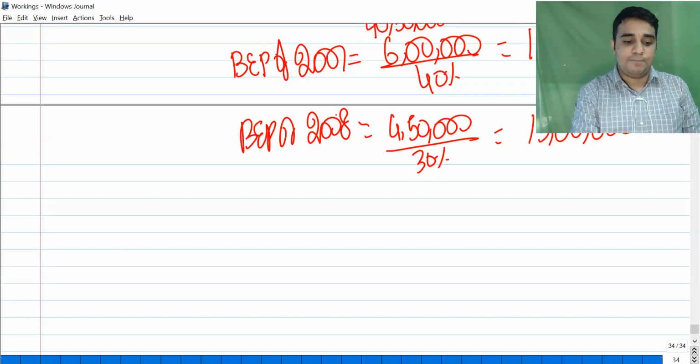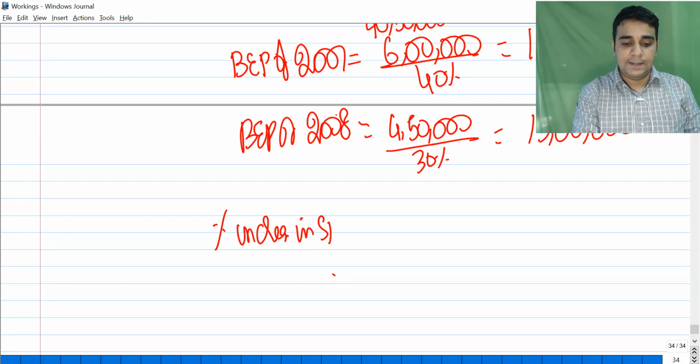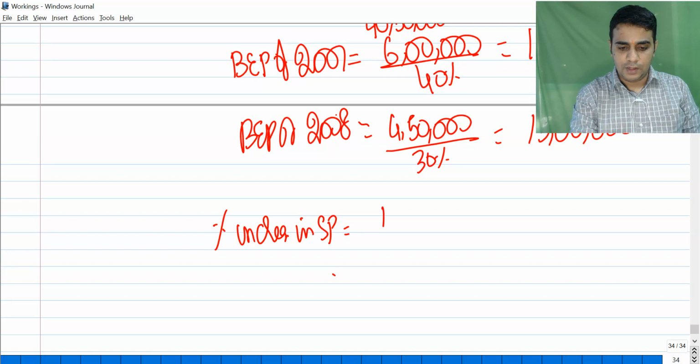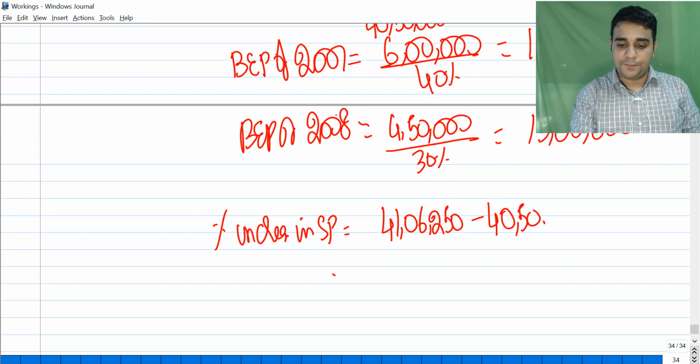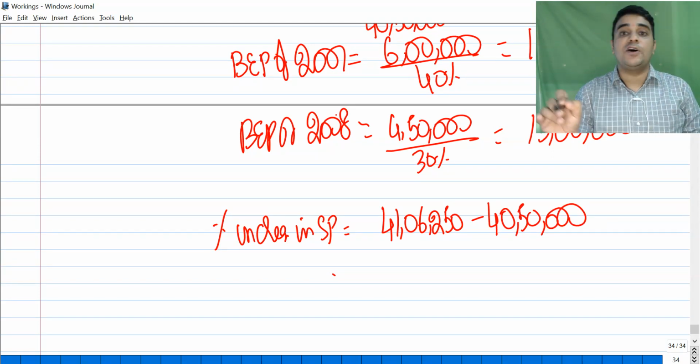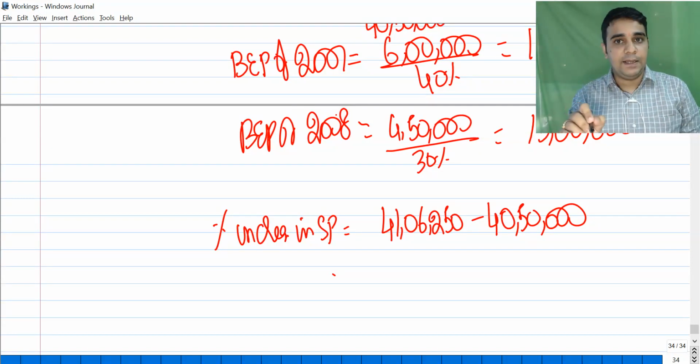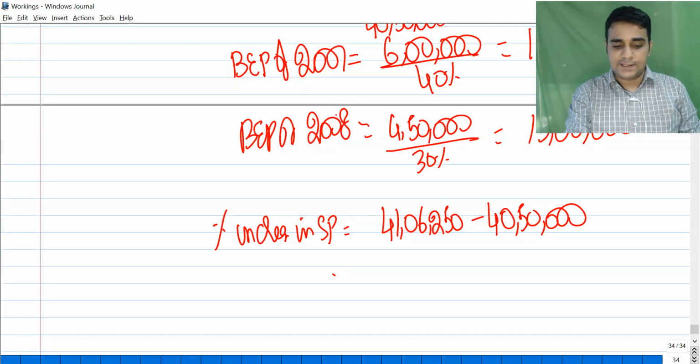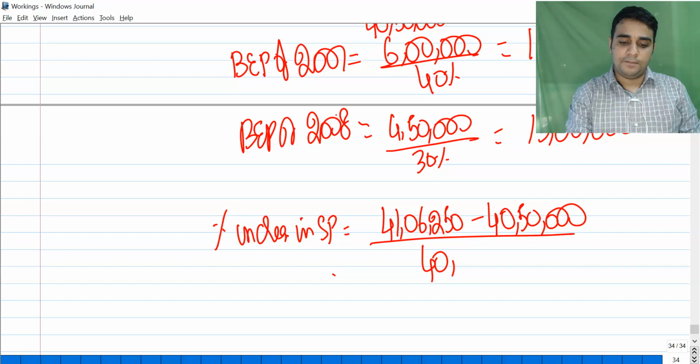Percentage increase in selling price is equal to new sales 41 lakh 6,250 minus old sales 40 lakh 50. This increase is because of selling price. Whatever increase is happening because of selling price, divided by 40 lakh 50, into 100.